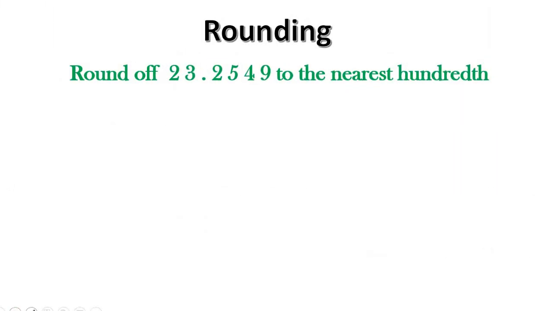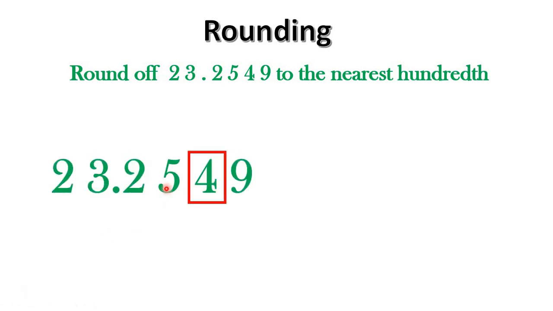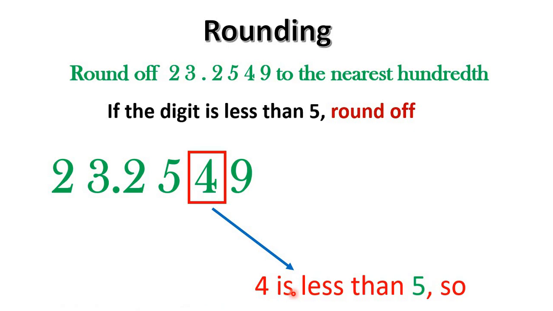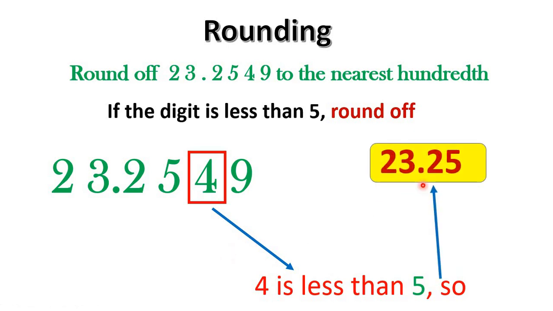Again, I have selected to round here at the hundredths. I looked at the next digit over, and then again I only have 2 choices, and in this situation that digit is less than 5. And so because 4 is less than 5, that means I'm going to round off. So that means I'm going to just drop off the 49 at the end.